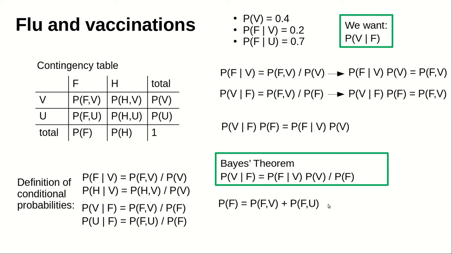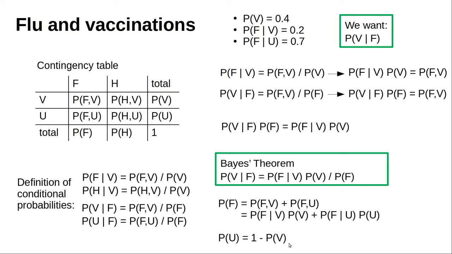We already have a formula for P(F,V), and the formula for P(F,U) is identical. We're given values for all the pieces in this formula, so now it's just a matter of plugging in the numbers. Well, we're not exactly given P(U), the probability of being unvaccinated, but that's just 1 minus the probability P(V) of being vaccinated.